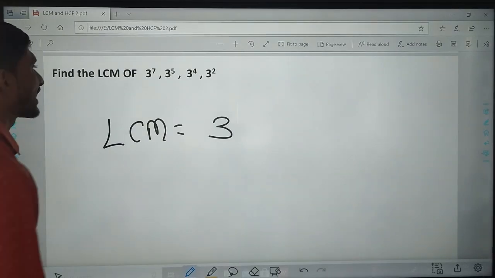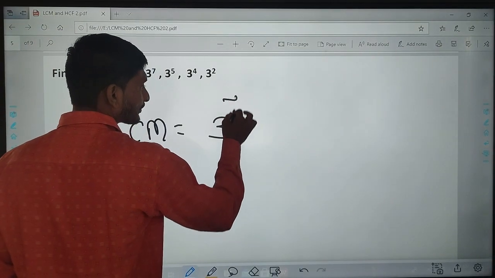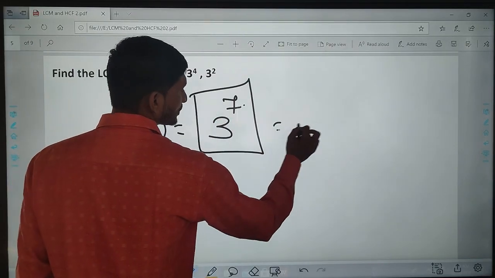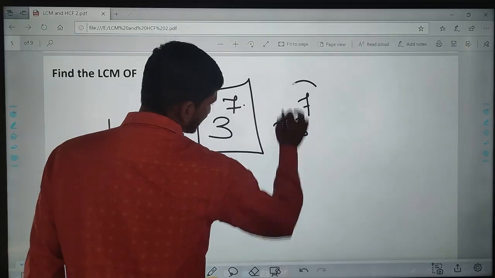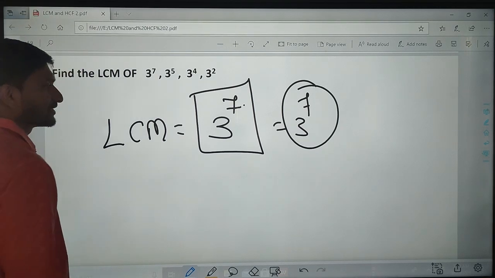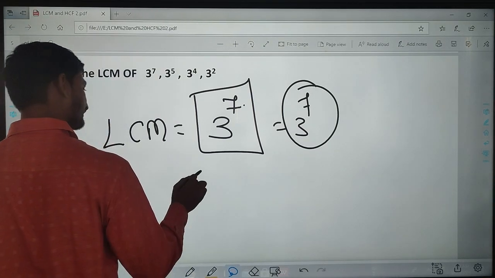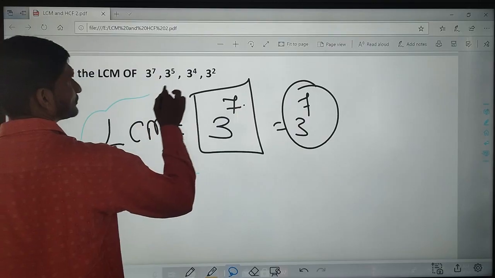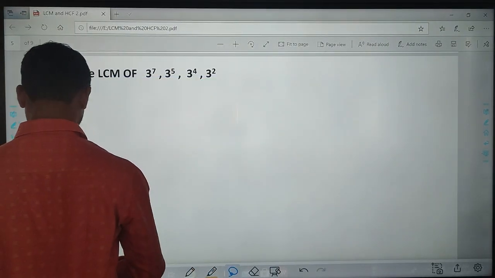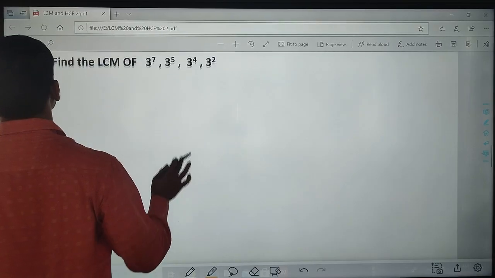The highest degree of 3 is 7. Then your answer is 3 raised to 7. The LCM of these 4 numbers is 3 raised to 7. Now next.